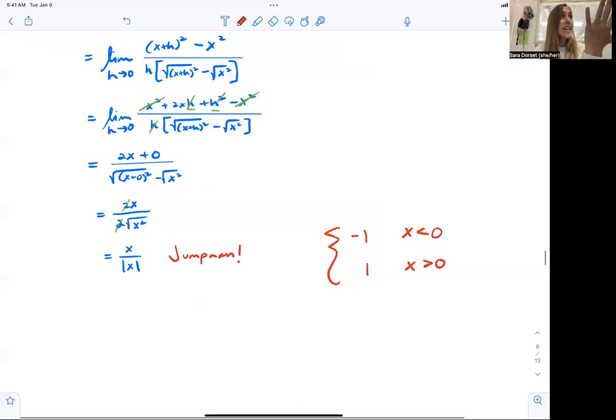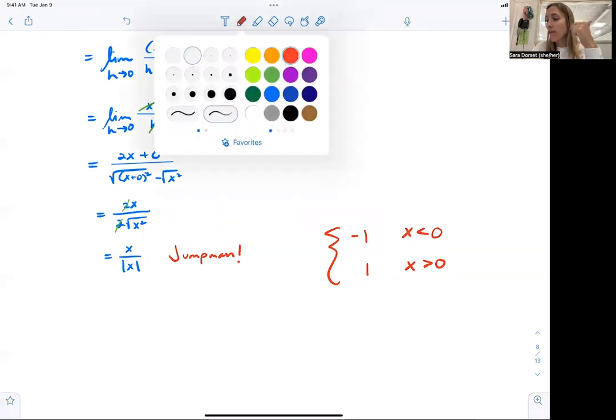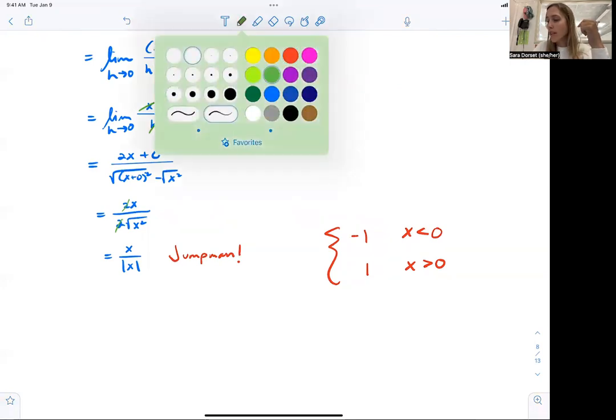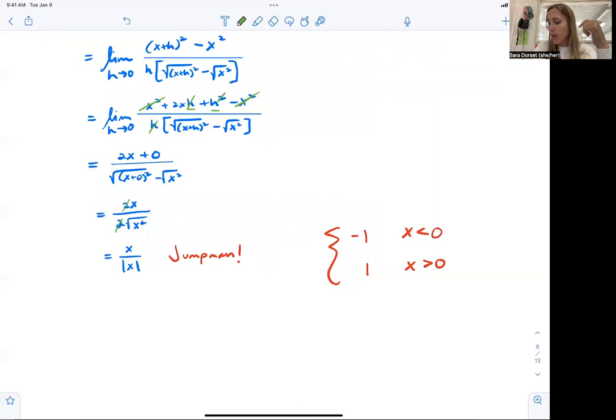But we can see when we plug 0 into our derivative, if we evaluate y prime of 0, we'd get 0 over 0. We'd get an indeterminate form. That indicates that it's not a vertical tangent line.